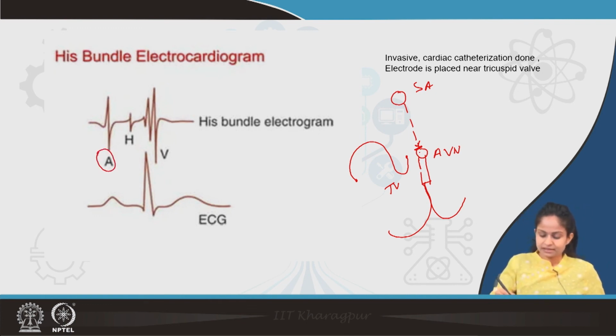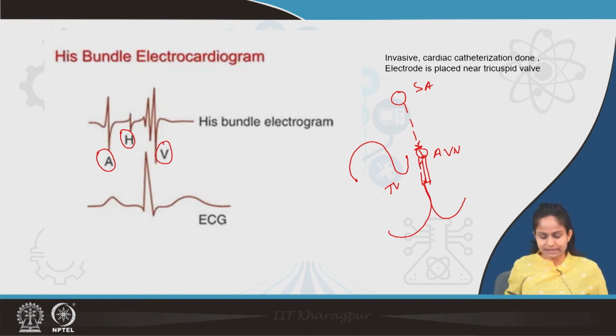After that, when it comes from the tip of the AV node to the tip of the bundle of His, that means when it depolarizes the bundle of His, we get the H wave in the His bundle electrogram. After that, when the whole bundle of His is depolarized and it starts the ventricular depolarization, we get this V wave.